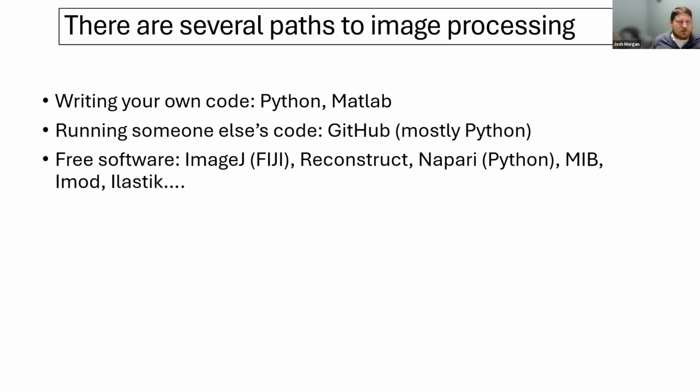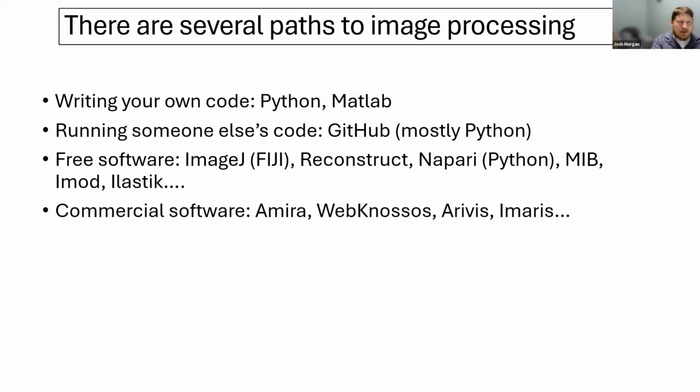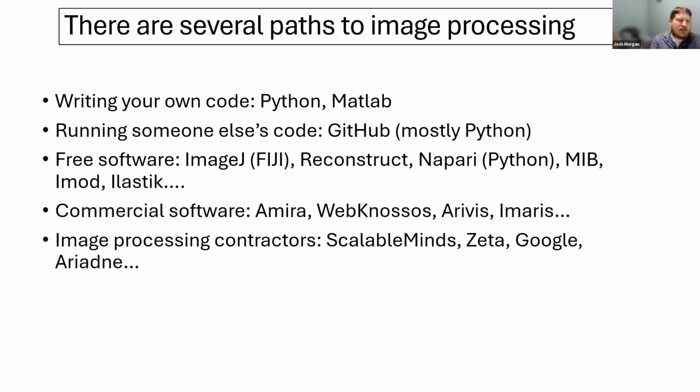So, again, these tools are out there, and especially with things like Napari becoming a hub for other people's code, there's a lot of really great free stuff available. There's commercial software. There's free and paid versions of WebKnossos you can use. And then there's finally image processing contractors. So Scalable Minds, Zetta, Google, Ariadne, these are groups of experts that you can collaborate with or pay to do the analysis for you.